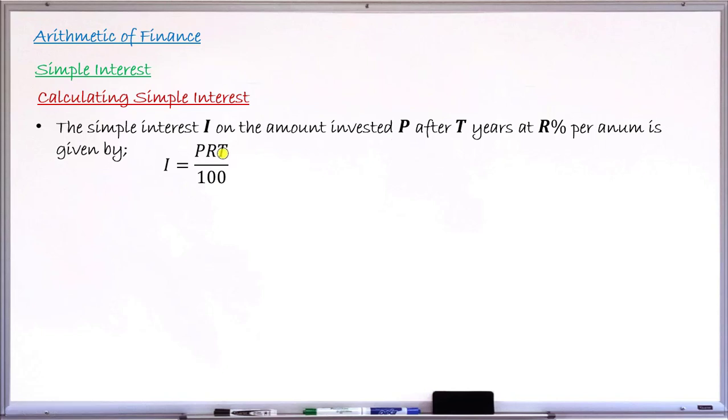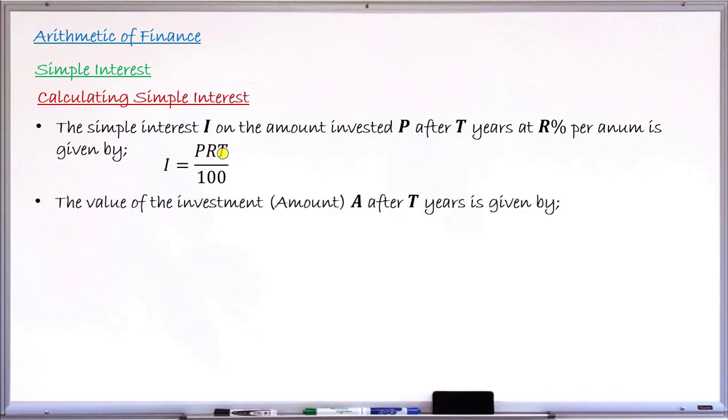Let us move on. The amount, that is the value of the investment, will be the total amount. That is the interest plus the original money invested. So that amount, denoted by capital letter A after T years, is given by this simple formula: A equals P plus PRT all over 100.